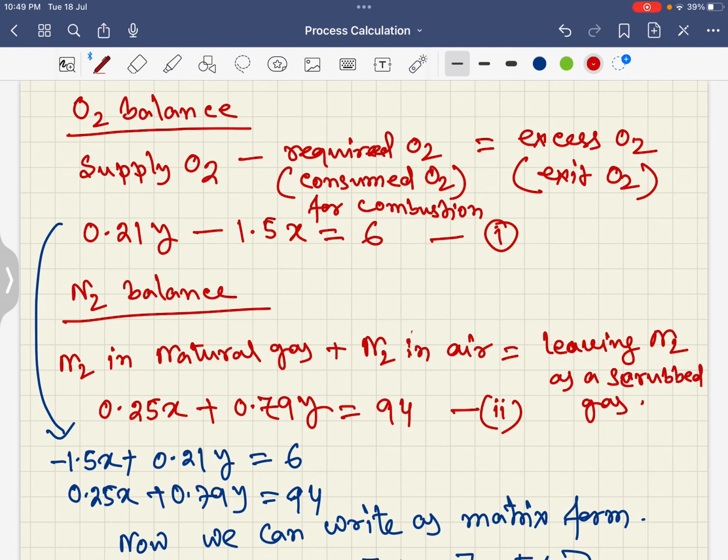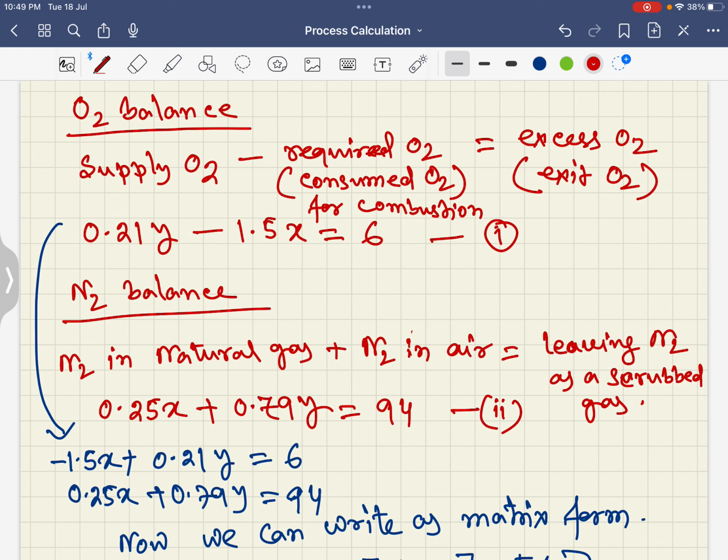Oxygen balance: supply oxygen minus oxygen consumed for the combustion, and excess air, so this is one equation. Nitrogen balance: nitrogen in natural gas plus nitrogen in air equals nitrogen leaving in the scrubbed gas. So that is 0.25x plus 0.791y is equal to 94.